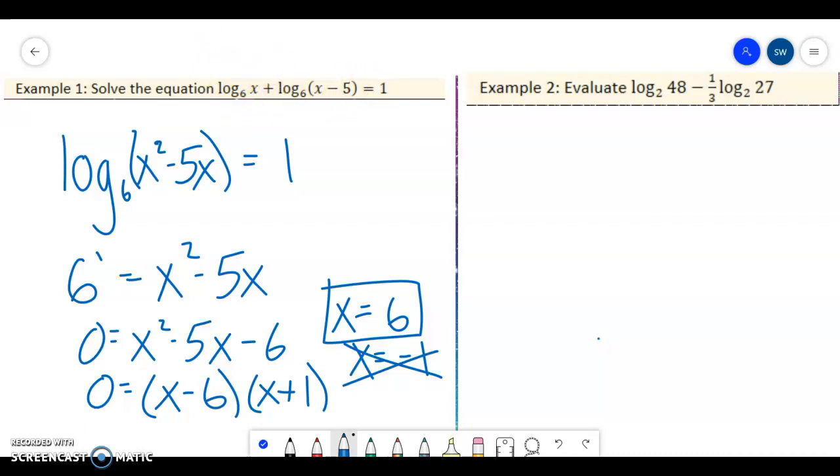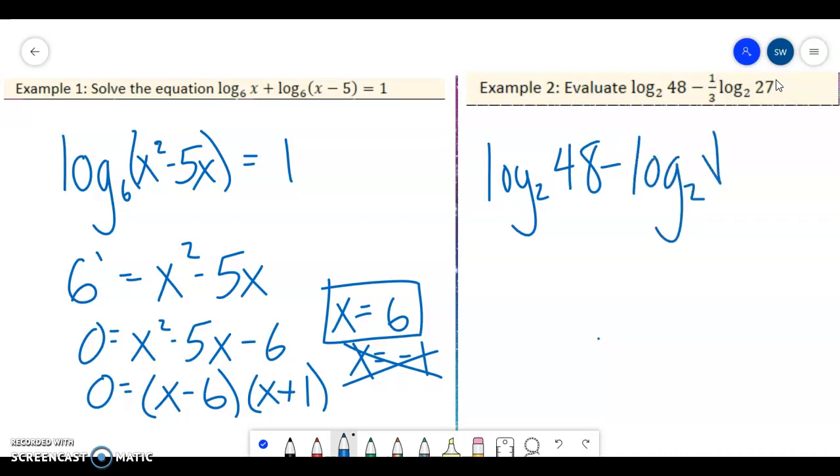All right, example 2, it just says evaluate, so we're just going to simplify as much as possible. First thing I notice is this 1/3. We can move this 1/3 into the exponent of 27. So we have log 2 of 48 minus log 2 of the cube root of 27. Well, the cube root of 27 is 3.